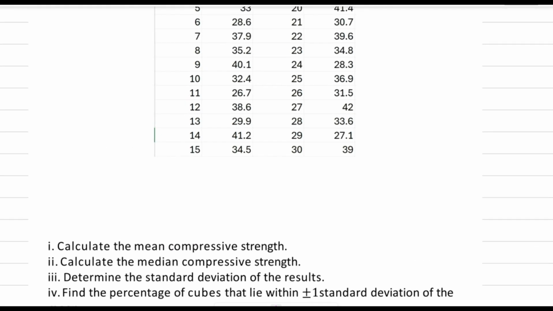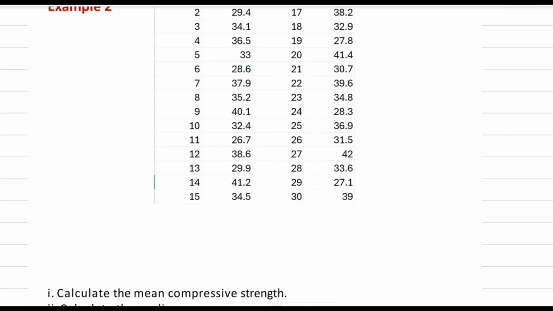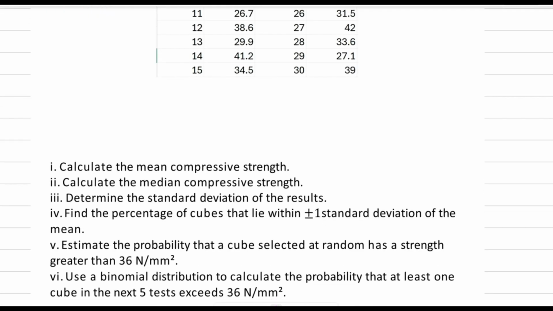So if you have this data, it's quite straightforward. You can get the mean and the median from Microsoft Excel or Google Sheets. If you don't know how, please watch my video number 3 to understand how to calculate the mean, the median, and standard deviation as well, and also the percentage of cubes that lie within plus or minus standard deviation of the mean.